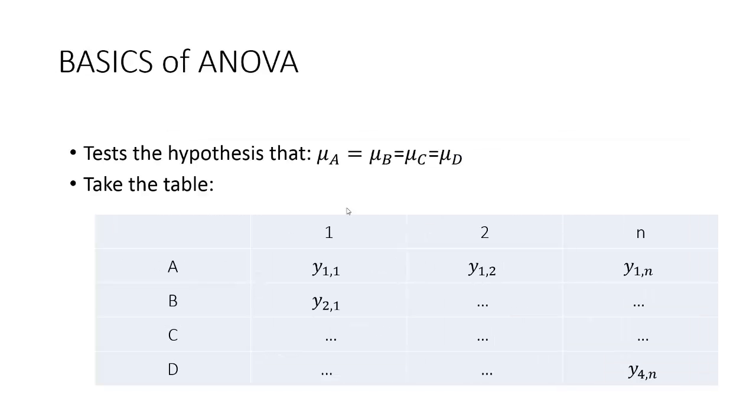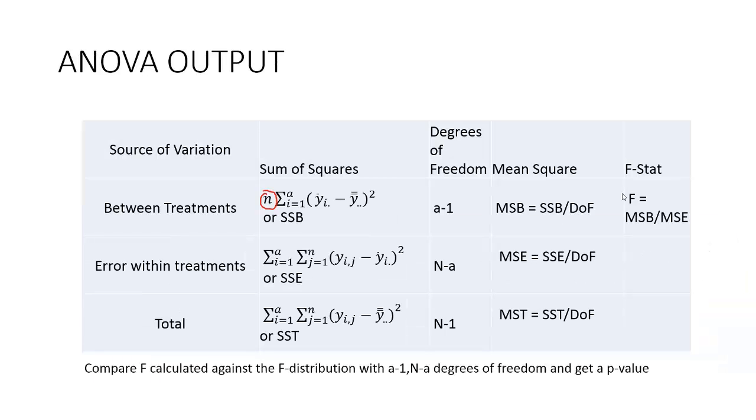So if you were to compute a set of means for each row, a set of y bar i dot for each row, the standard deviation, or rather the variance, of these values is essentially what you're computing with MSB.